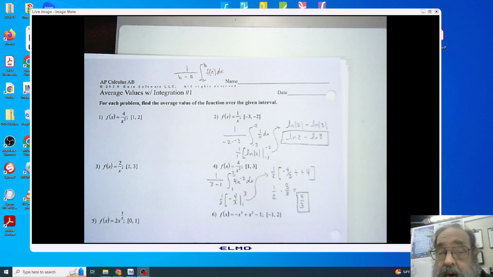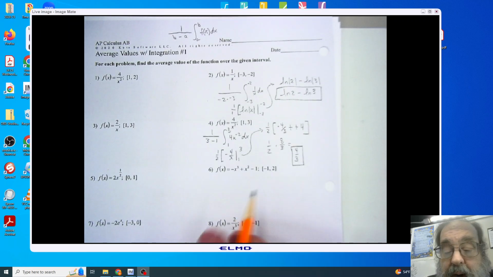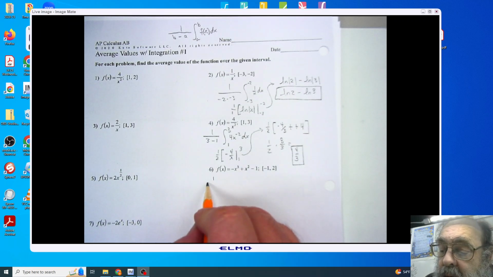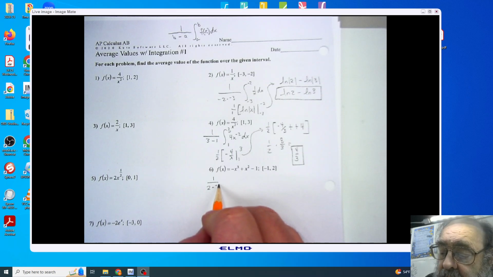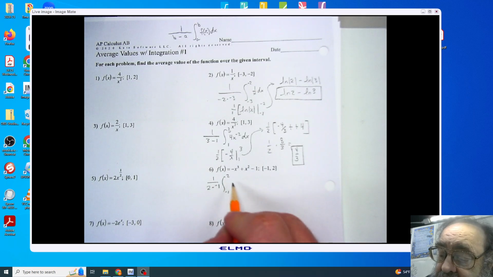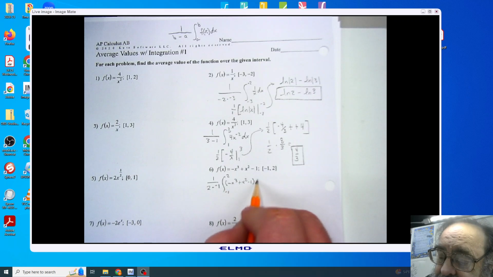All right, let's take a look at number 6. Number 6 is now working with 1 over 2 minus negative 1, integration from negative 1 to 2 for negative x cubed plus x squared minus 1 dx.